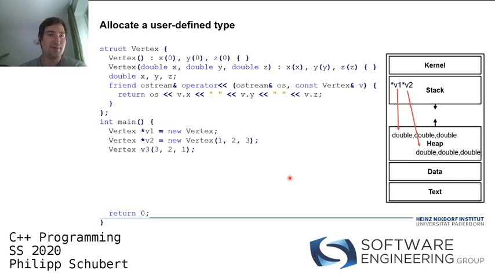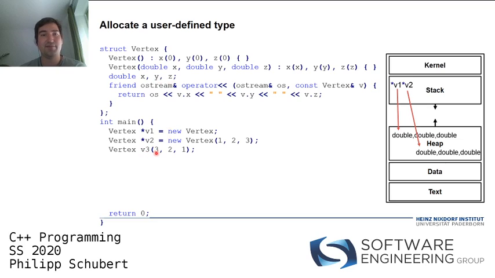What you can also do, and this is what we did before, is just allocate on the stack. So you can just have a vertex v3, for which you call the second constructor here, 3, 2, 1, and initialize all its member variables with 3, 2, and 1.